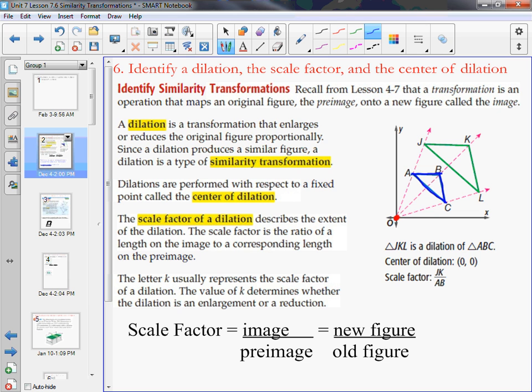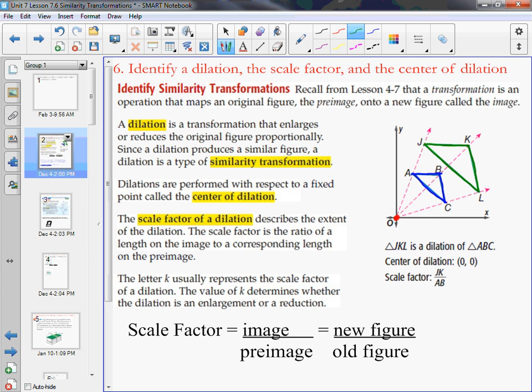If triangle ABC is our original figure, our pre-image, and then we dilate it, that can mean that we enlarge it, or it can mean that we reduce it. If it gets bigger, we enlarged it. If it gets smaller, we reduced it. So that's not complicated. But here's what this center of dilation thing is all about. Let's say that the green figure, triangle JKL, is twice as big.